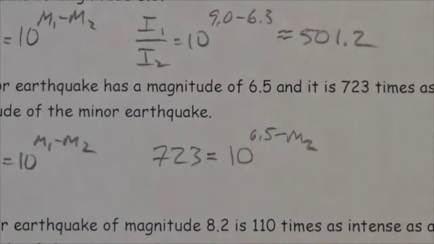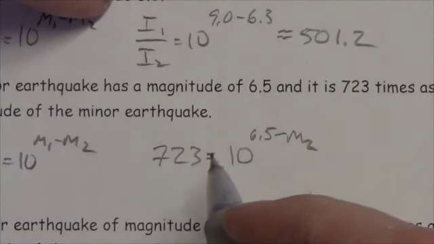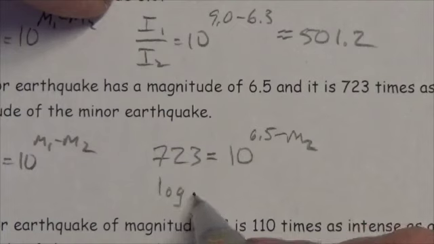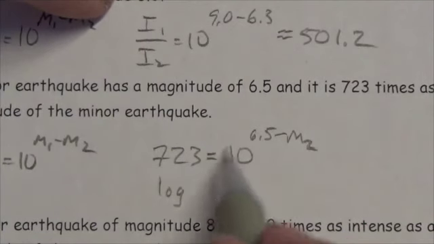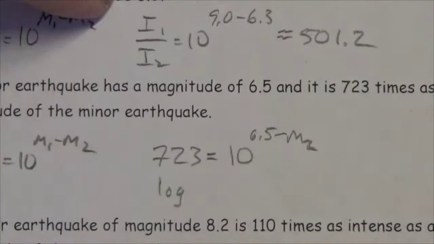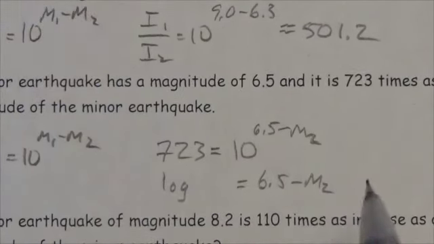Well, what we're going to do here is convert this into a logarithm. Okay, specifically into a common log. So we're going to get here the log. Now think about this. The base is this 10, so the base here is going to be 10, and I don't have to write it if it is. That will equal 6.5 minus m2, the magnitude of the second quake.